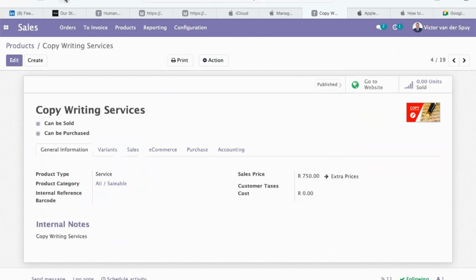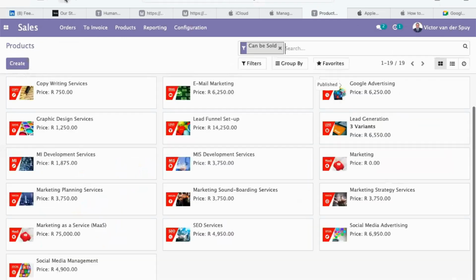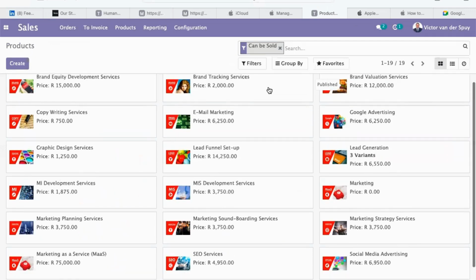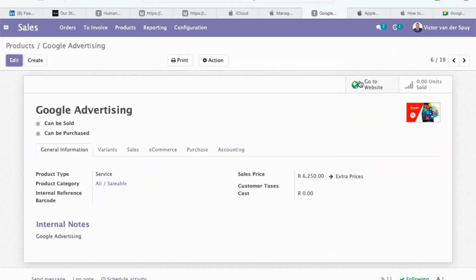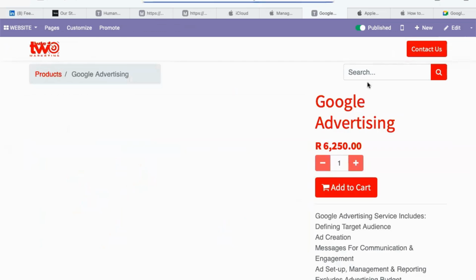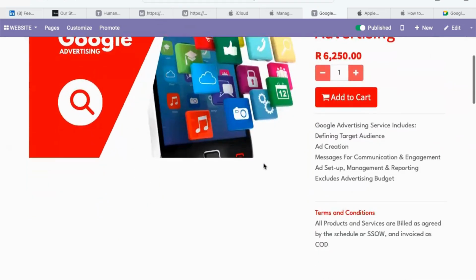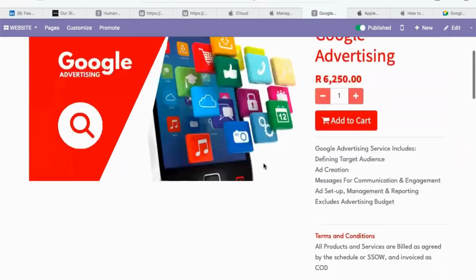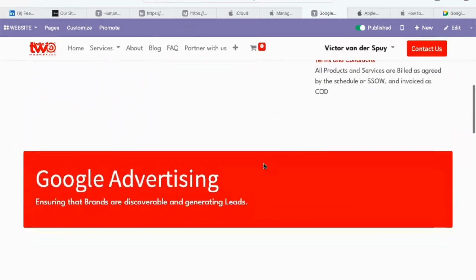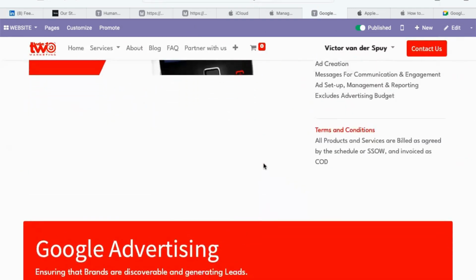Let's have a look. Where are we? Google advertising. We all know how this works. This goes with search campaigns, Google AdWords, all of those nice things. Again, this is just to manage the ad campaign, excluding the spend.